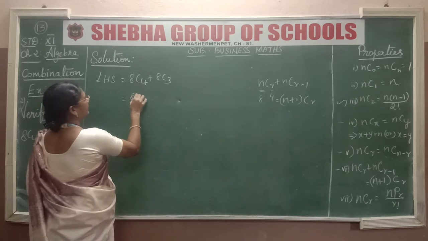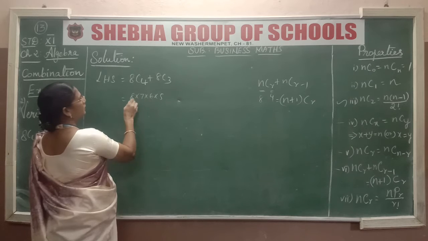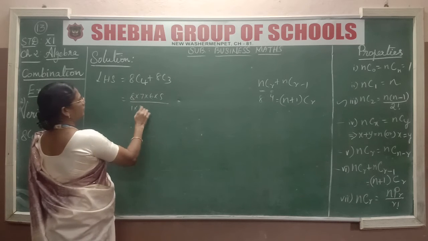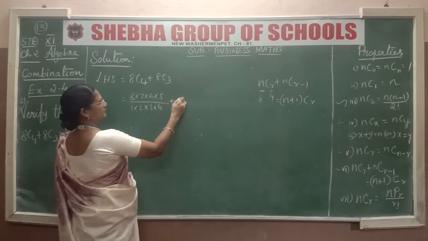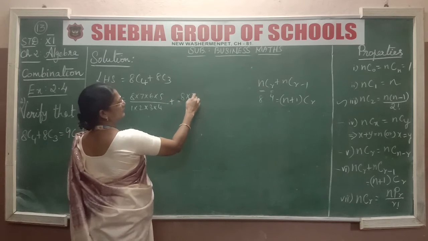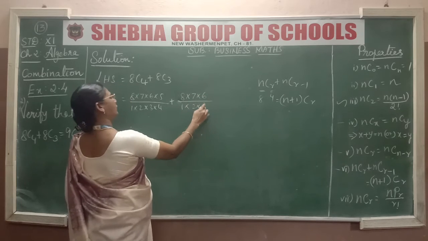That is 8 into 7 into 6 into 5 by 1 into 2 into 3 into 4. Plus 8C3. Similarly we write 8 into 7 into 6 by 1 into 2 into 3.